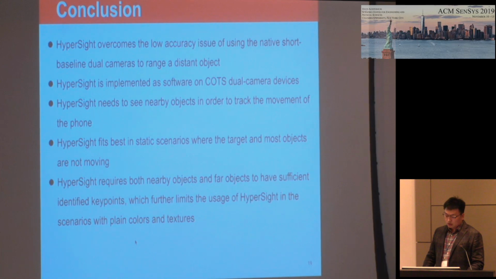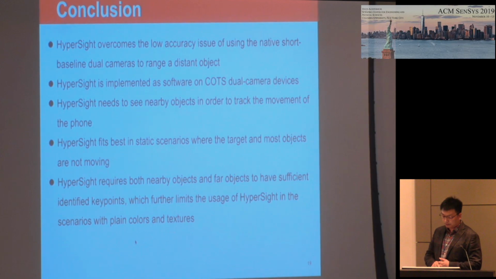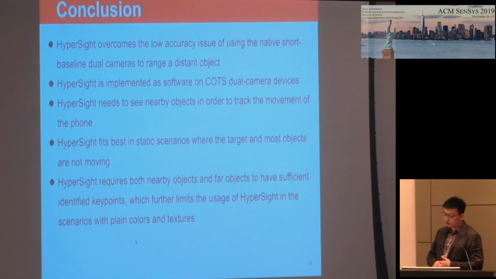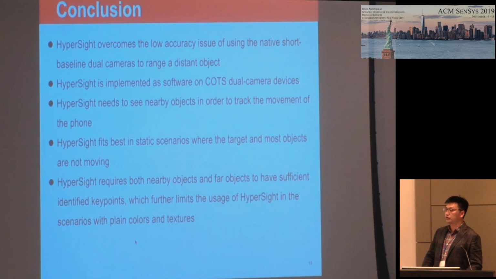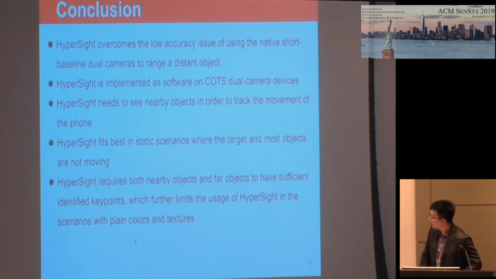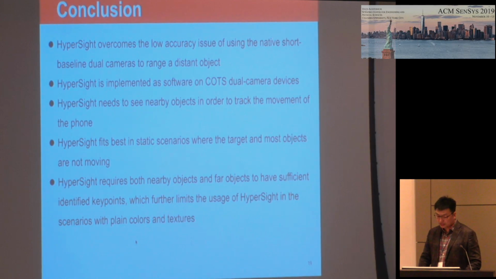The last limitation is that HyperSight needs both the nearby objects and far objects to have sufficient key points or feature points so that they can be tracked. If the background or the nearby objects have plain color or textures, HyperSight will also fail. So that's all.